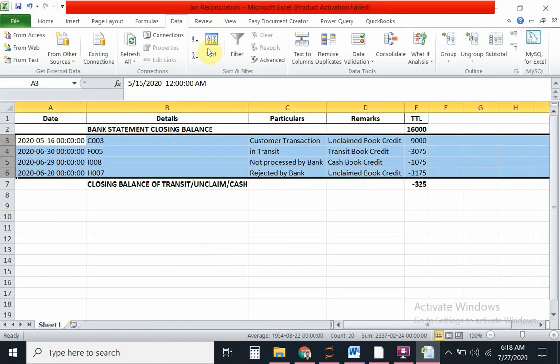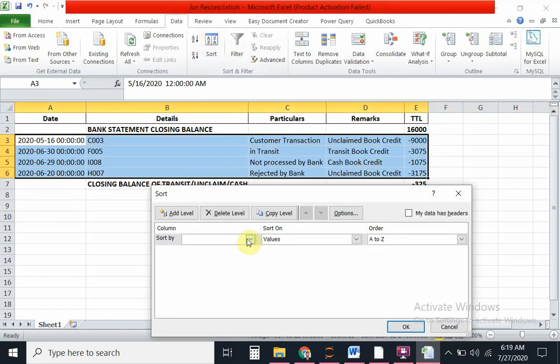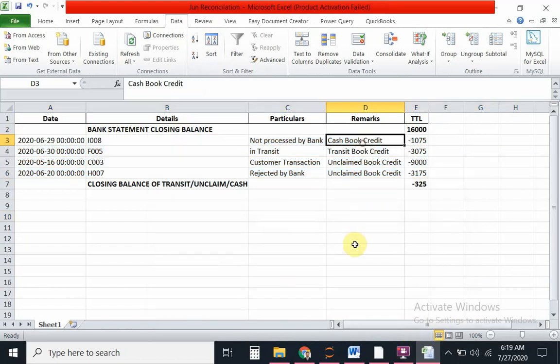If I sort the data, now my 7,000, if you see, my 1,075 is lying in the cash book credit. That means the bank has not debited us because it was not processed by the bank.